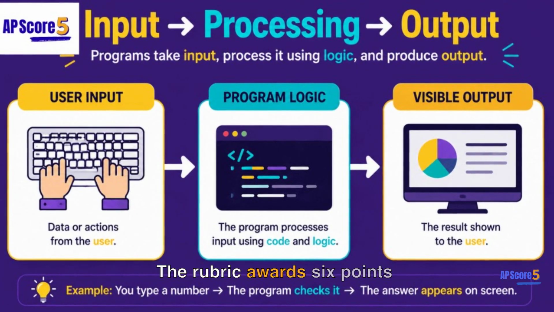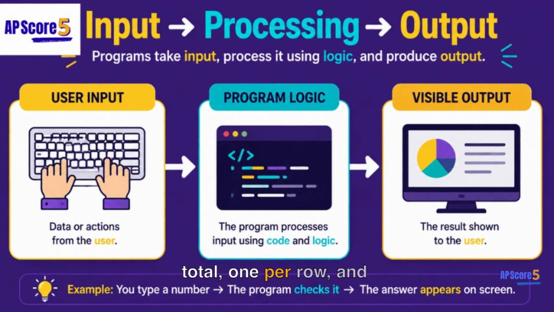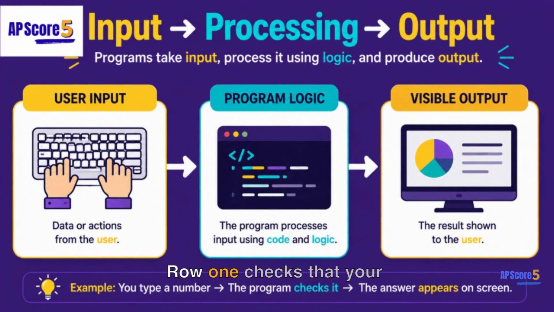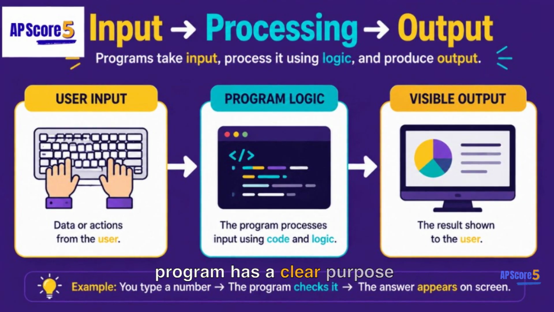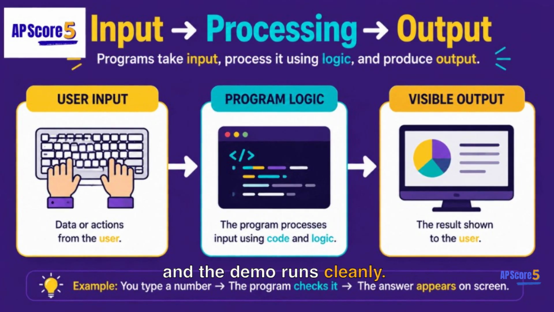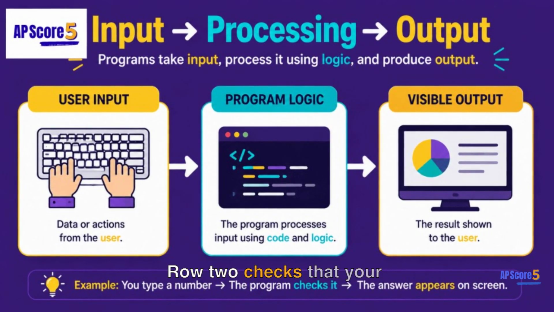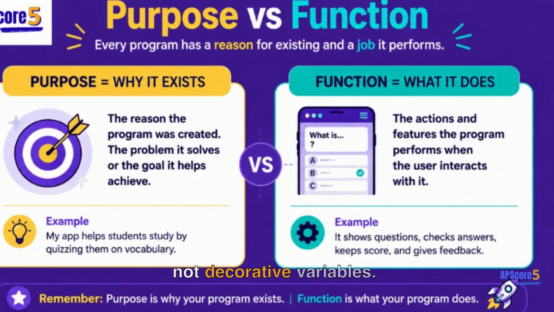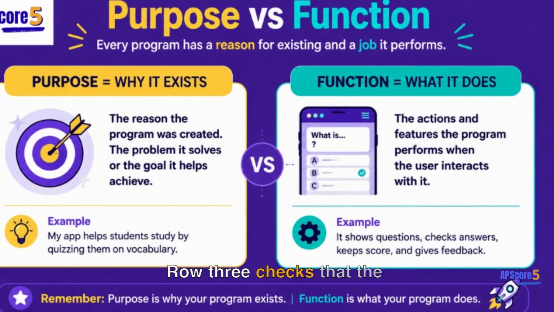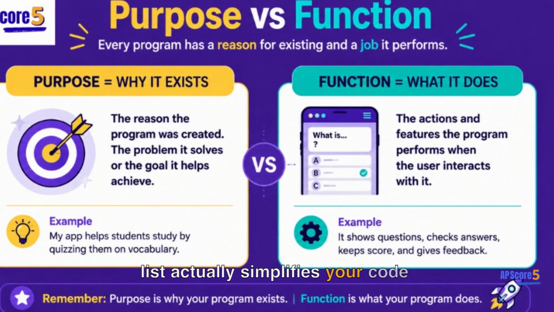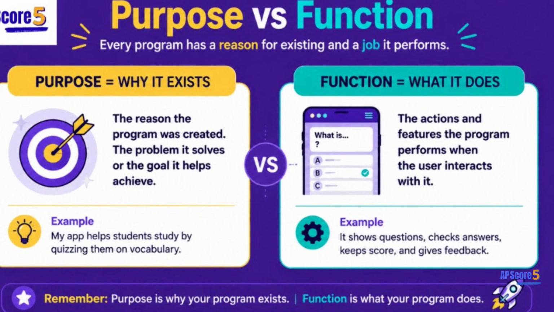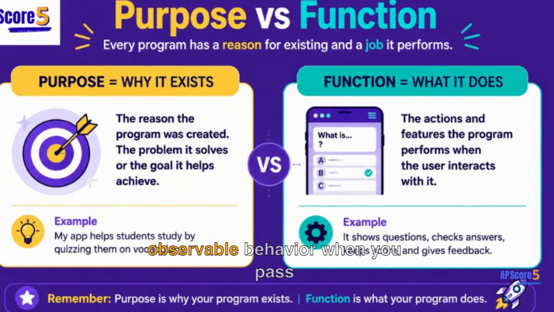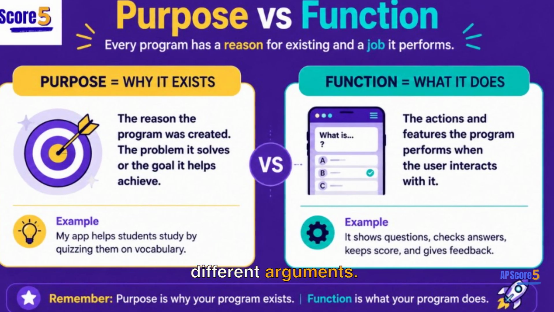The rubric awards 6 points total, one per row, and each row is judged independently. Row 1 checks that your program has a clear purpose and the demo runs cleanly. Row 2 checks that your list stores meaningful data, not decorative variables. Row 3 checks that the list actually simplifies your code instead of just sitting there. Row 4 checks that your procedure parameter changes observable behavior when you pass different arguments.